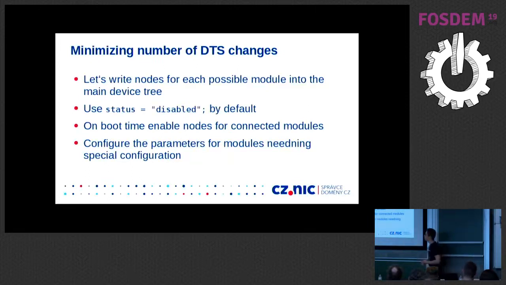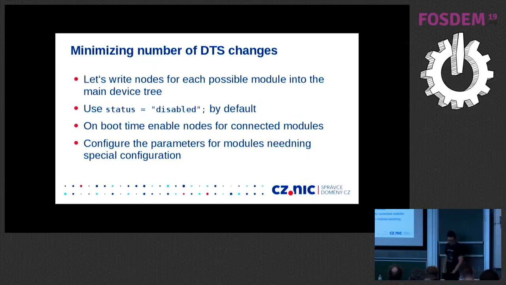And also sometimes it has to change something more, because of what I talked about some slides ago, because some modules need special configuration because of the position where they are.